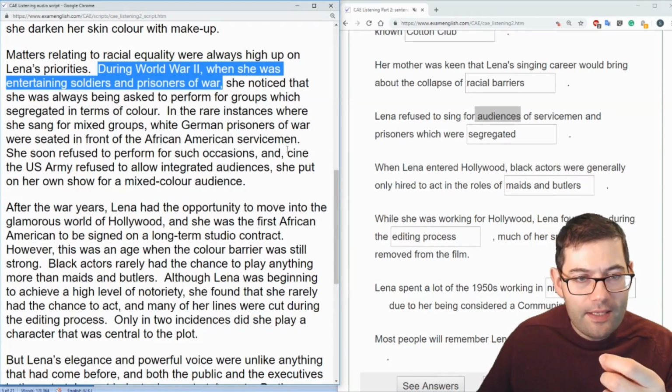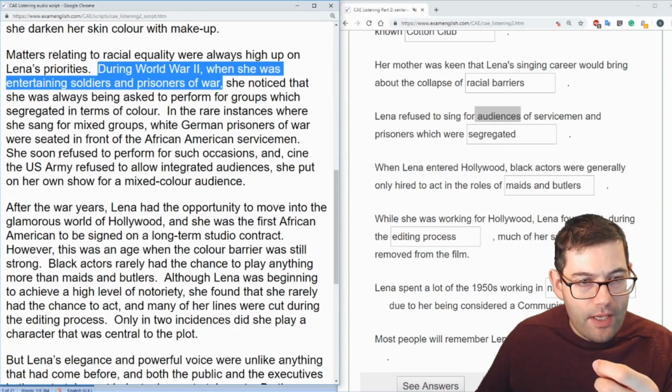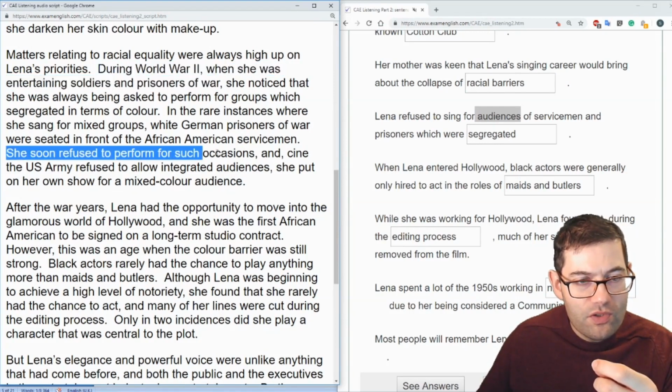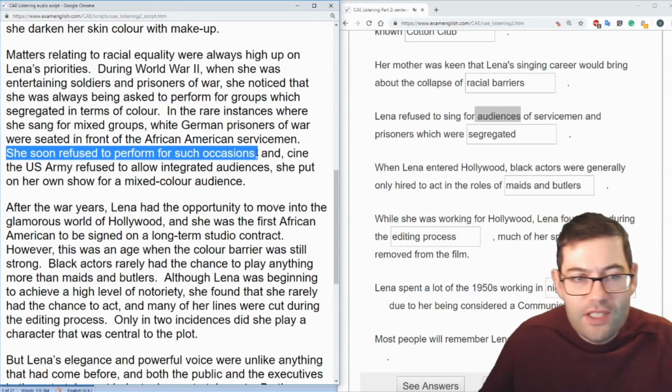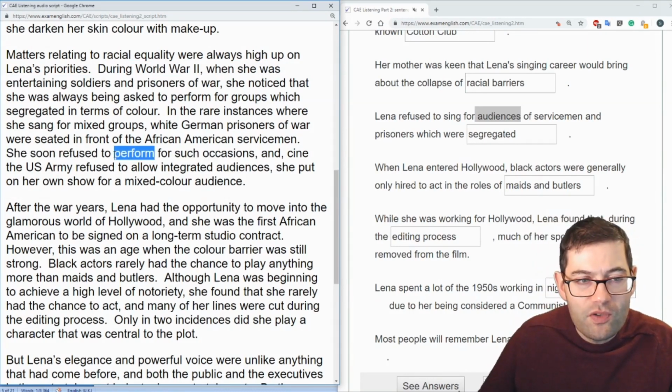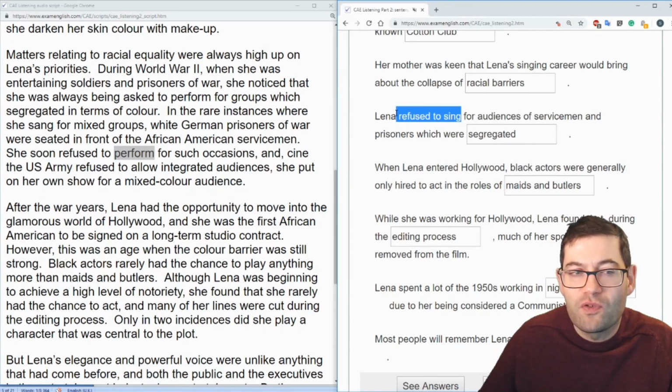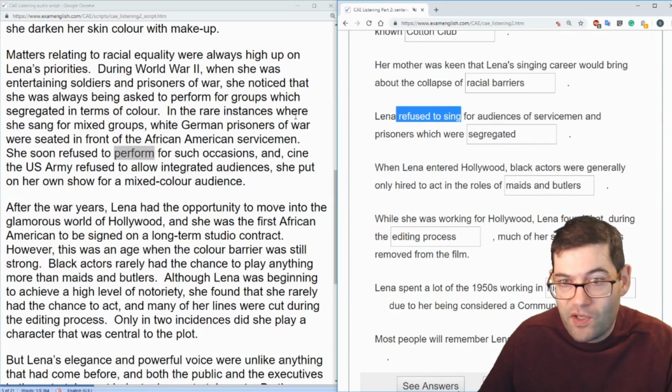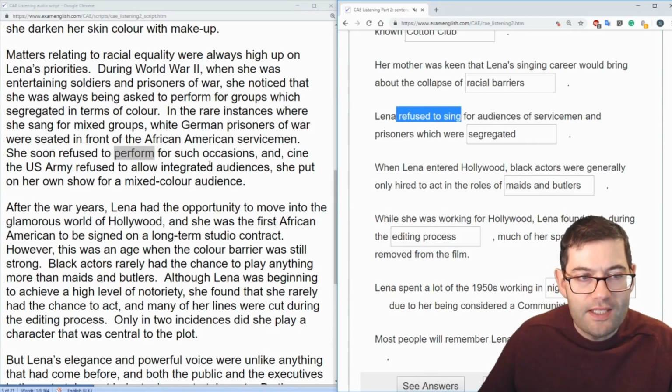And then at the end, she said, oh, where is it now? She soon refused to perform for such occasions. Perform, of course, is our vocabulary link to refuse to sing. Refuse to perform, refuse to sing. And the answer, of course, is segregated, which we can see. Where is that?